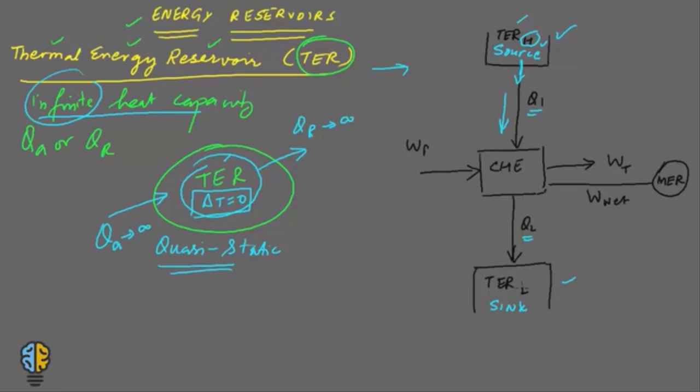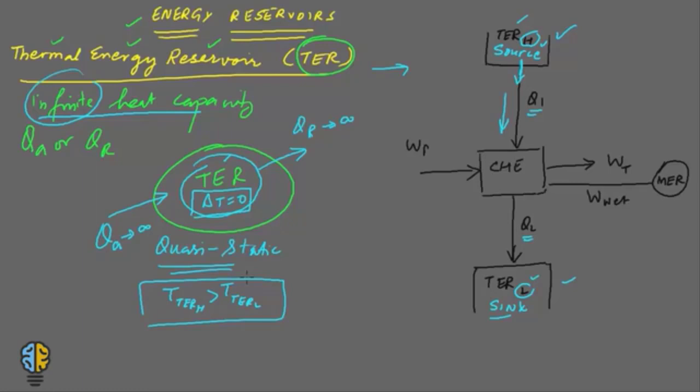The TER to which the heat is being rejected is called the sink and is assumed to be a low temperature body or a cold body. So the temperature of TER H is greater than the temperature of TER L. This is a common assumption that we need to remember.